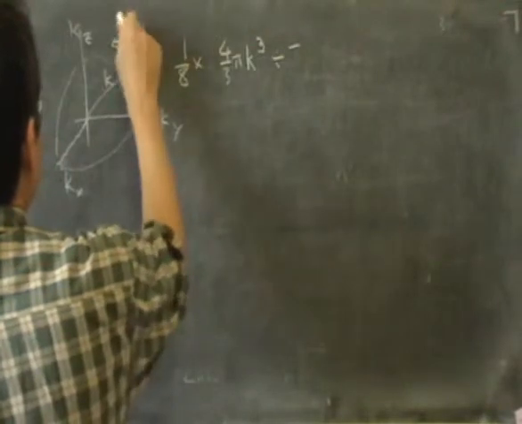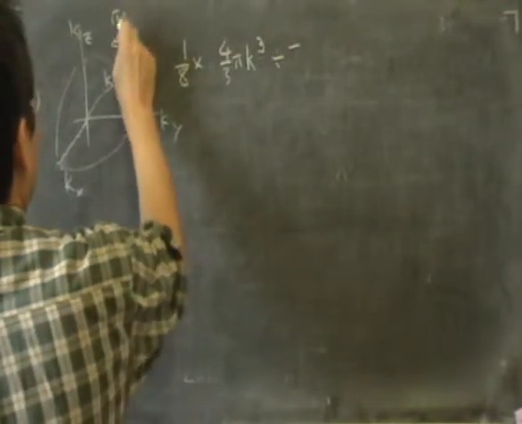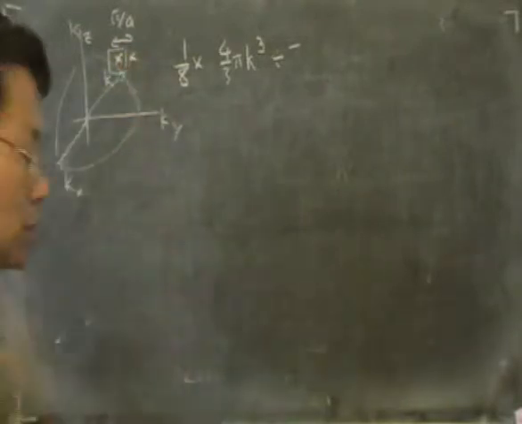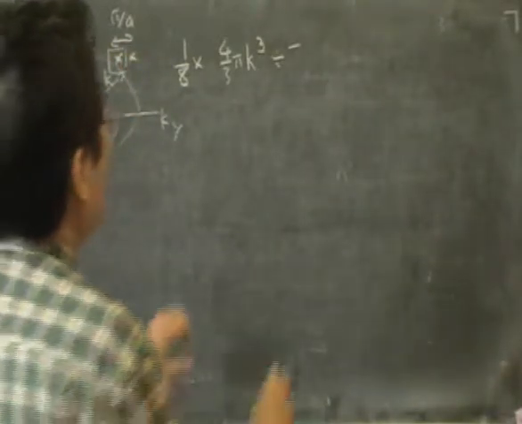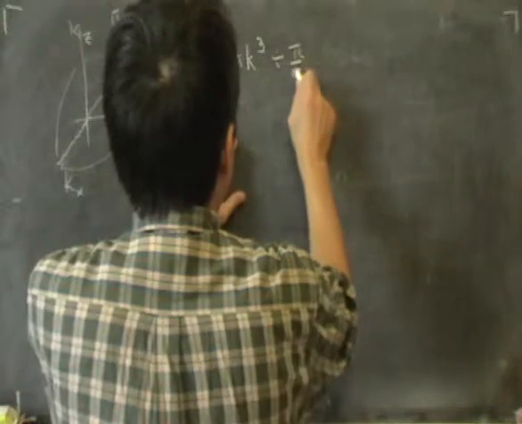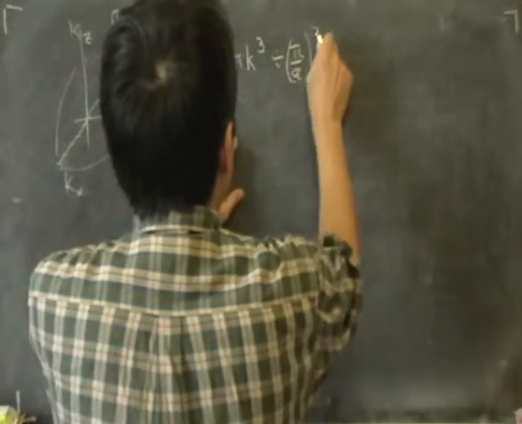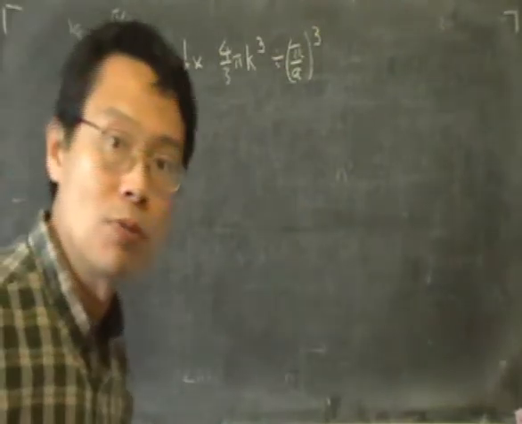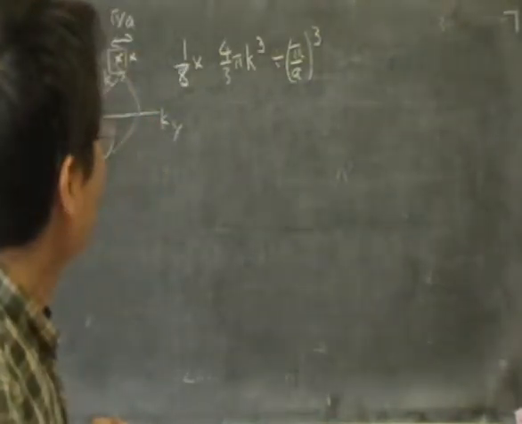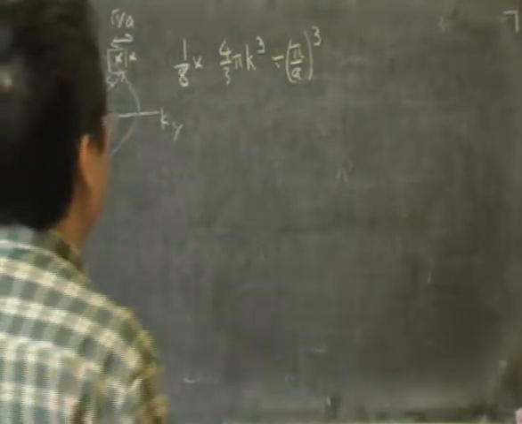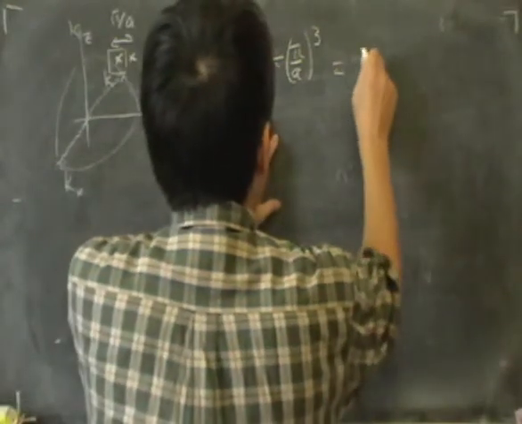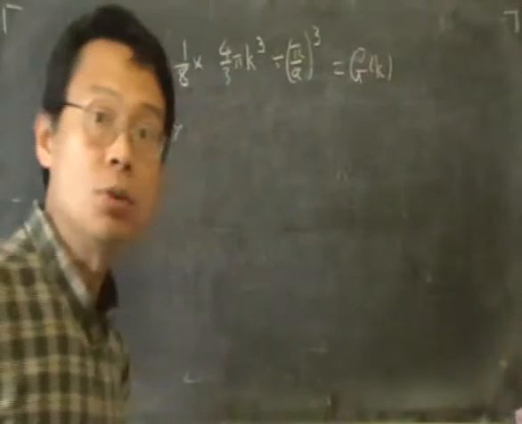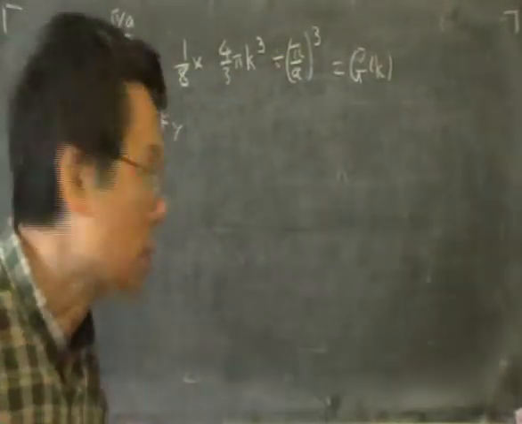Because the spacing between the points is pi over a, the volume of a cube associated with each point is pi over a cubed. So this gives us the number of points. Now this is often denoted capital G of k, as opposed to little g, which is used for density of states.